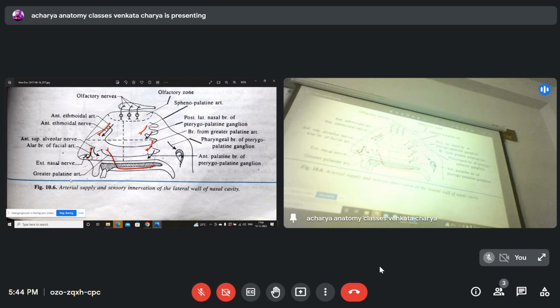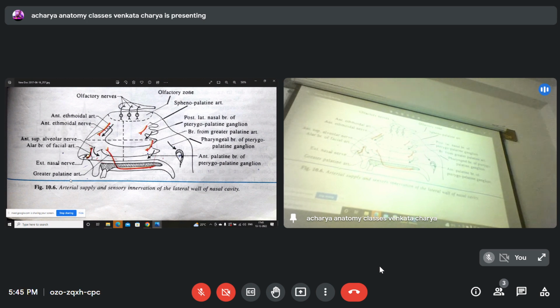Posterior inferior quadrant supplied by the greater palatine artery and anterior palatine branch of pterygopalatine ganglion.